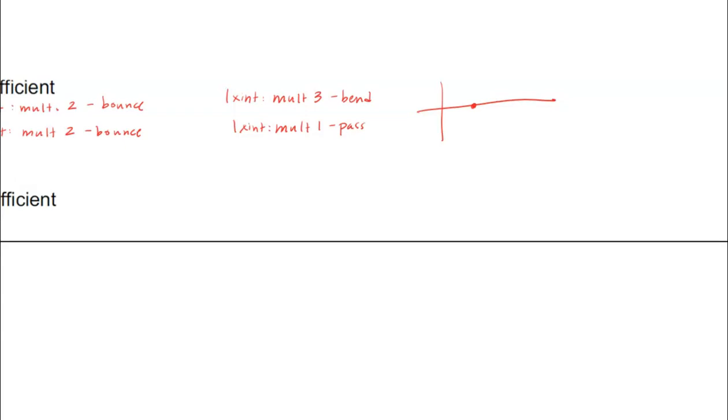Four real roots. Okay. Maybe it's going to come down like this and do a bend here. That could be the bend, and then that could just be the pass through.